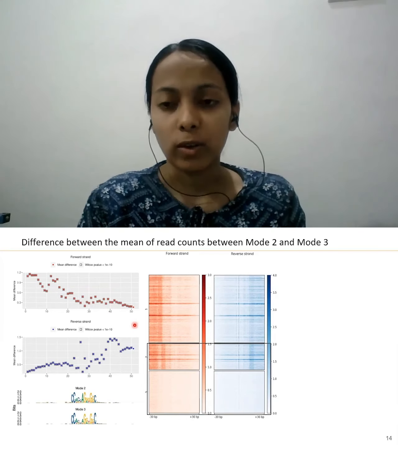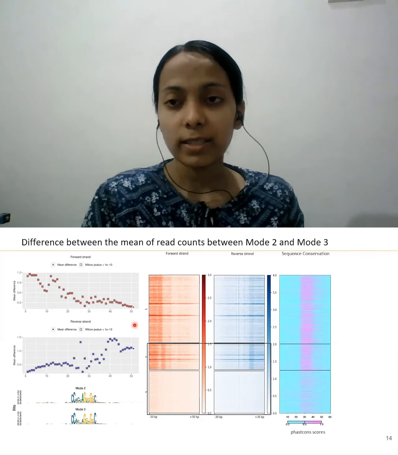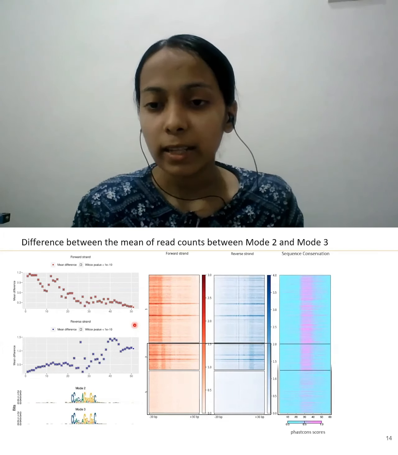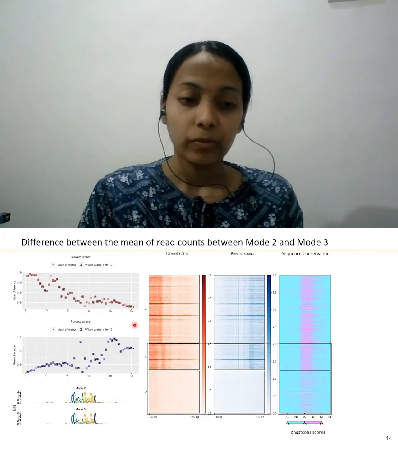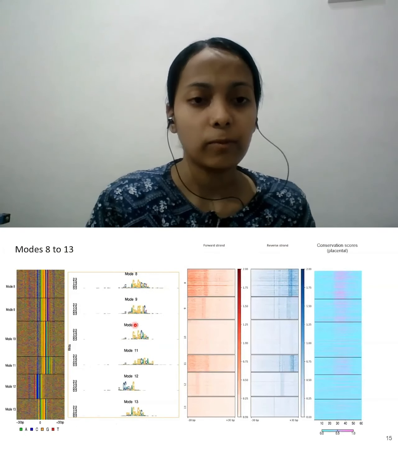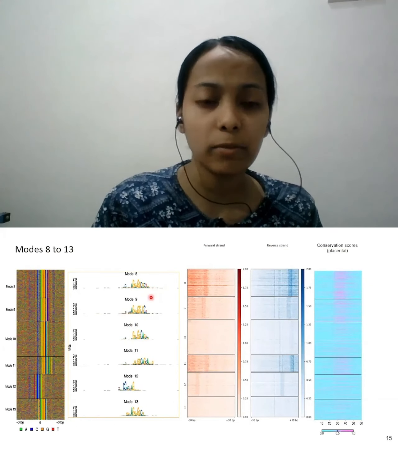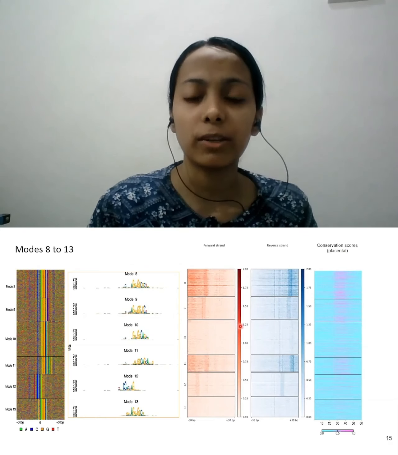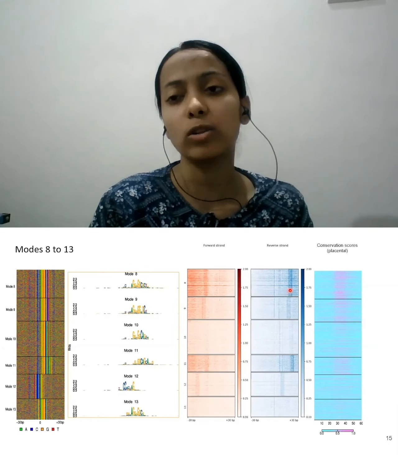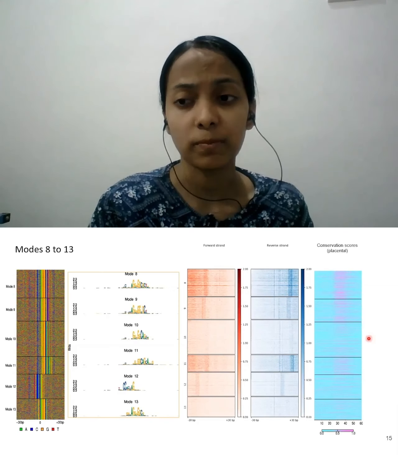If we plot the conservation plot here, these sequence conservation values for modes 2 and 3 also differ. So now if we look at modes 8 to 13, the rest of them, we see for small changes in the motif, we have changes reflected in the read distributions on both the forward and the reverse strand, and also in the conservation scores.